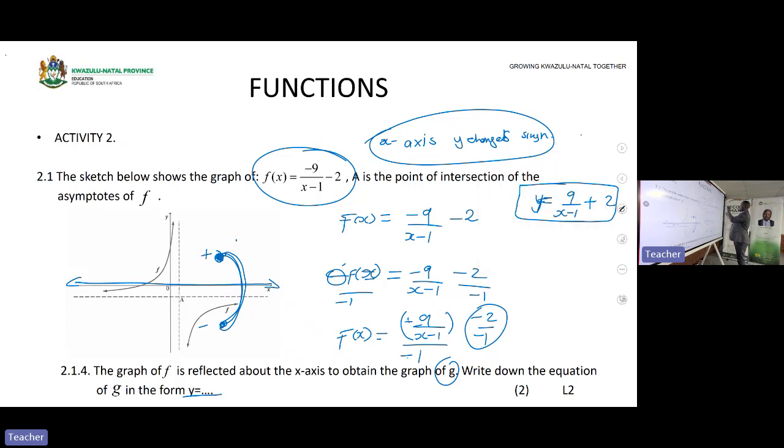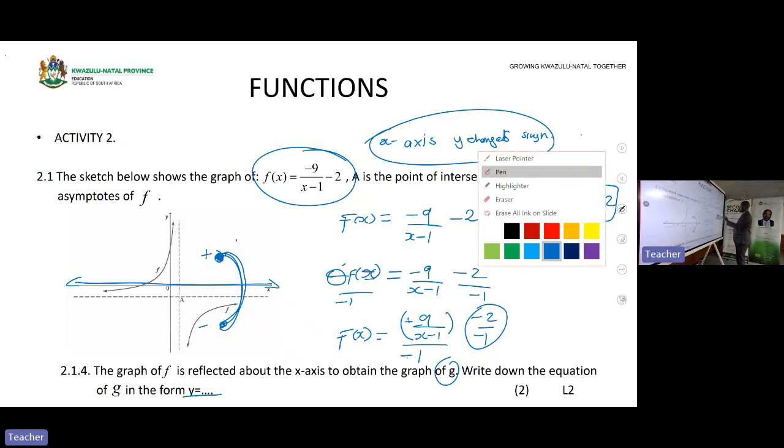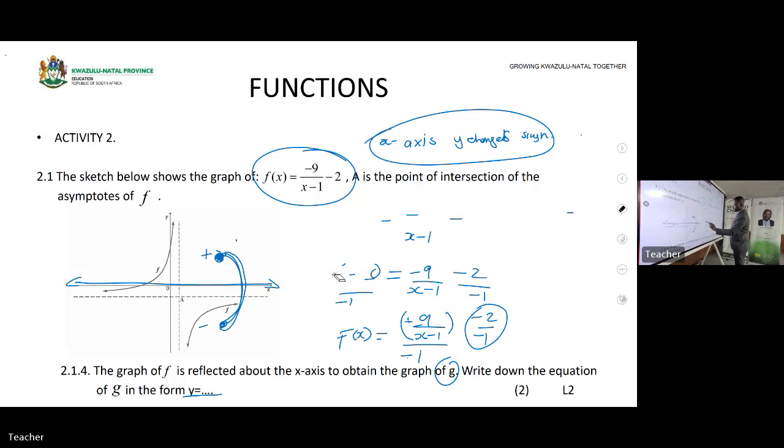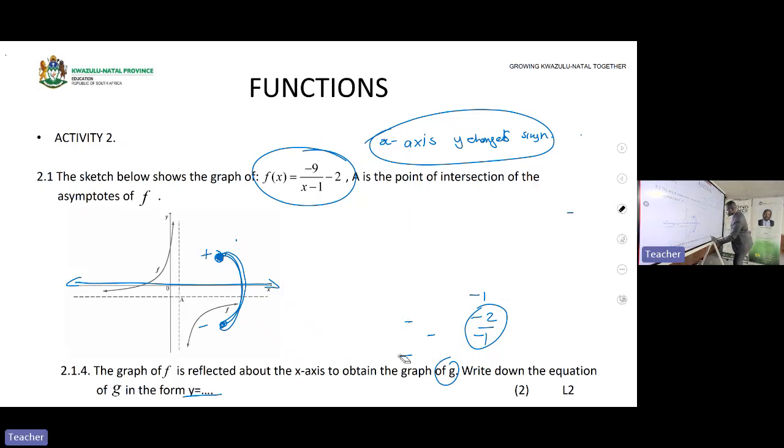So what will happen if we reflect about the y-axis? The question was asking us to reflect it about the x-axis, but let us reflect it about the y-axis so that we see the difference.